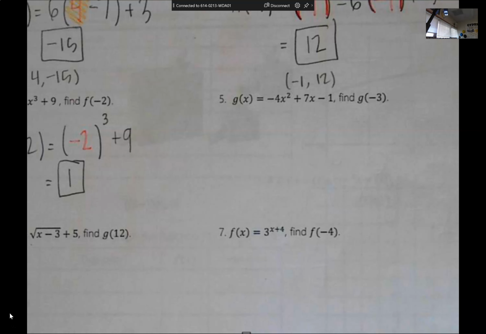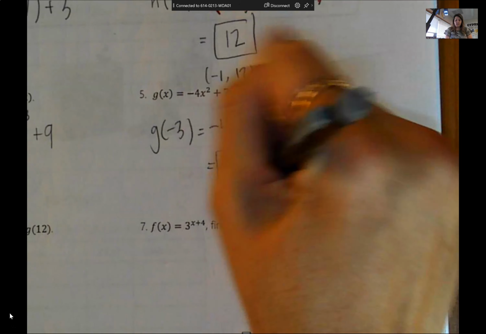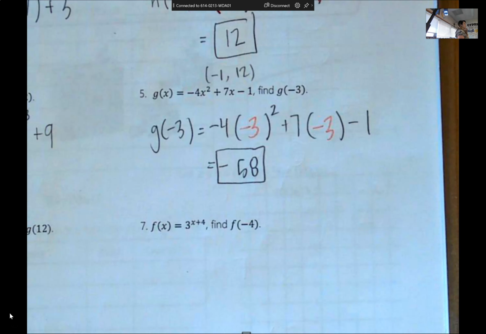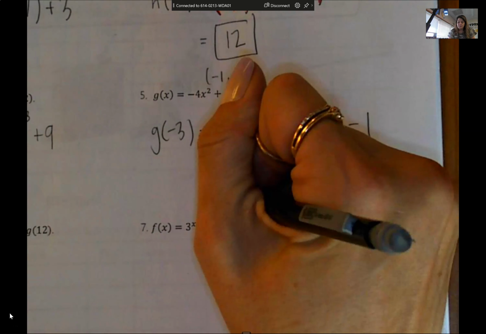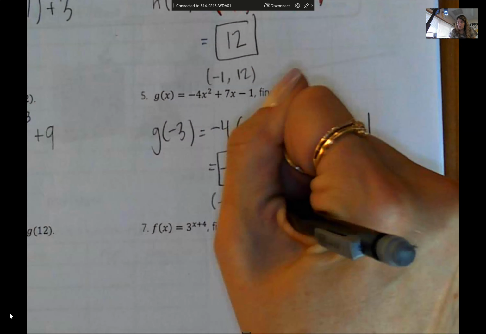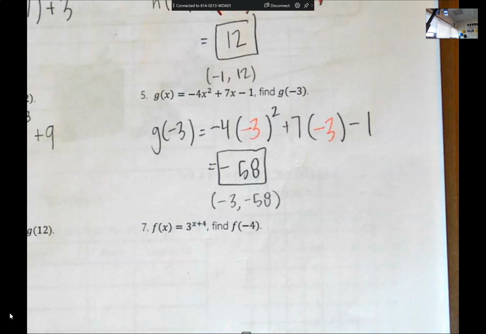About 5, 3. So lots of you guys were unsure if you were right, because what you end up getting is -58. So on your quiz, the answer is -58. You don't have to go any further than that. I have just been highlighting for you that this would be associated with a point on the graph at -3, -58.